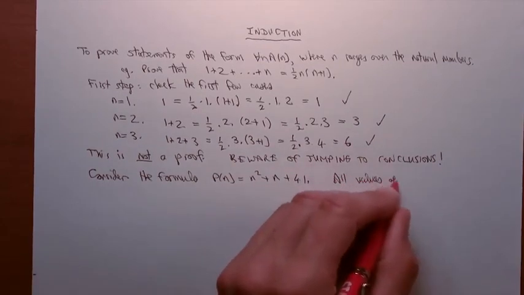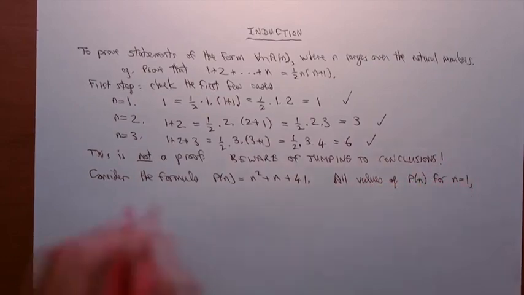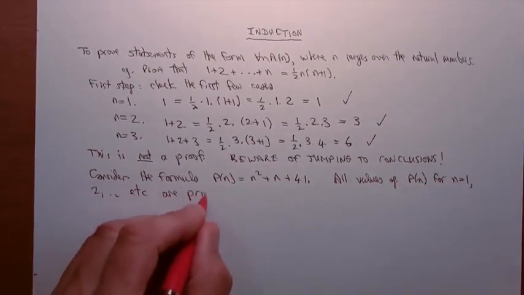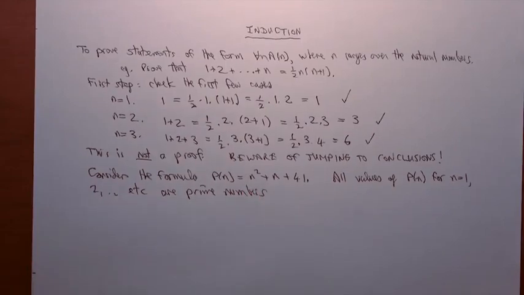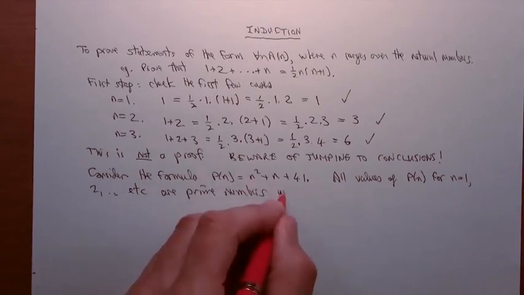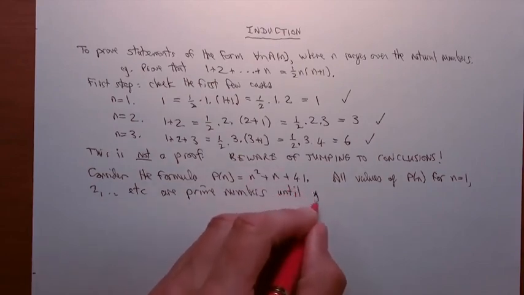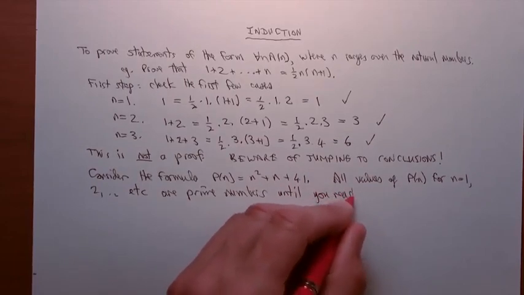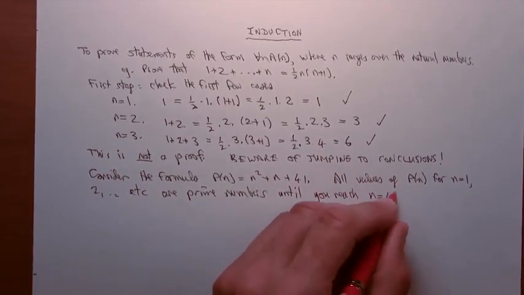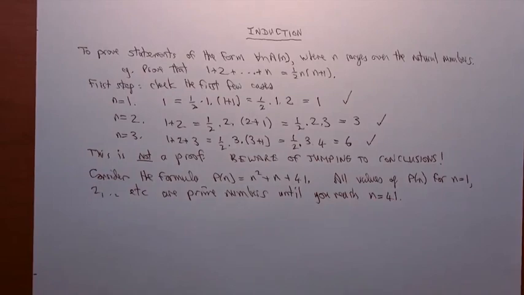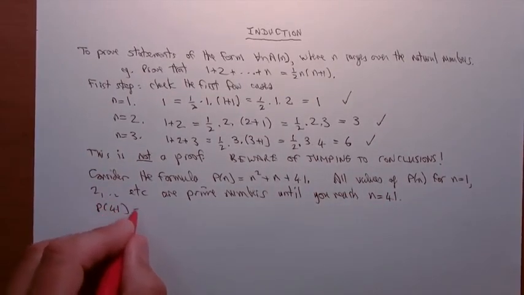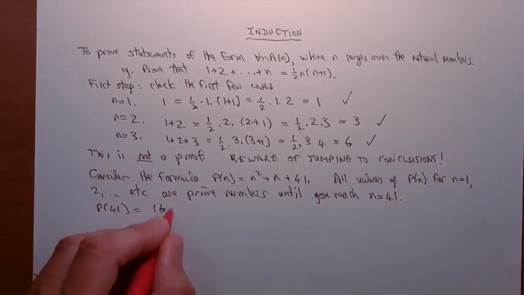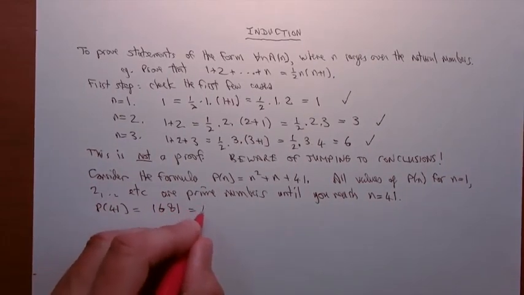You find that all values of P(n) for n equals 1, 2, 3, etc. are prime numbers. Well, not quite. That's true until you reach n equals 41. And when you get to 41, you find that P(41) works out at 1681, which is 41 squared.